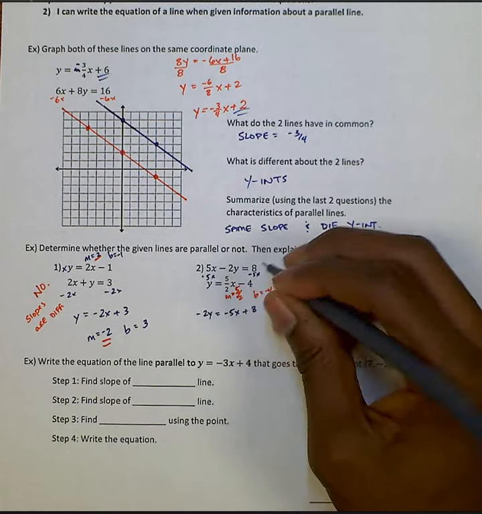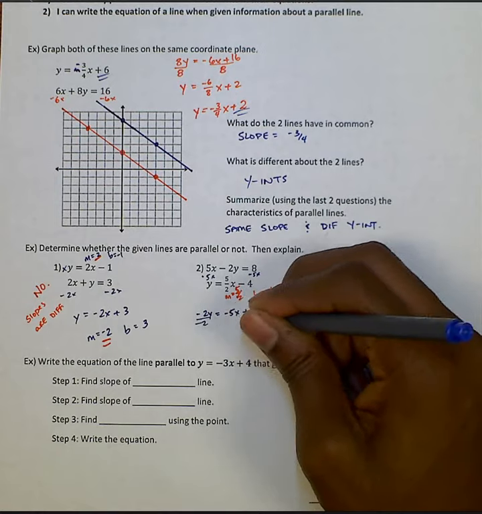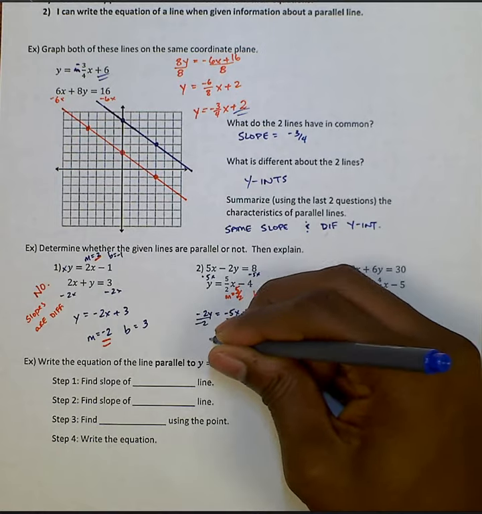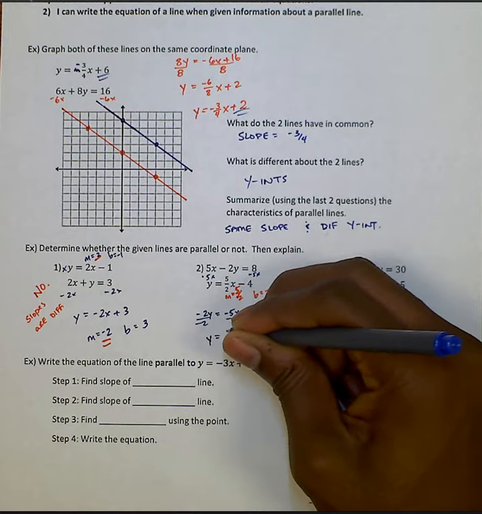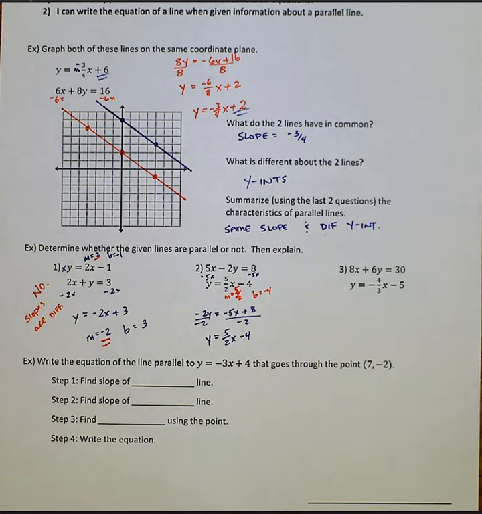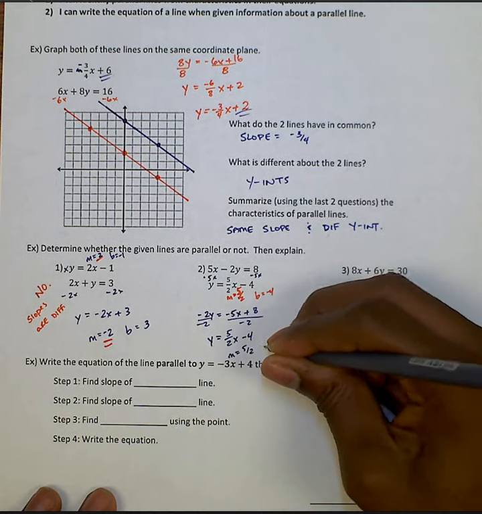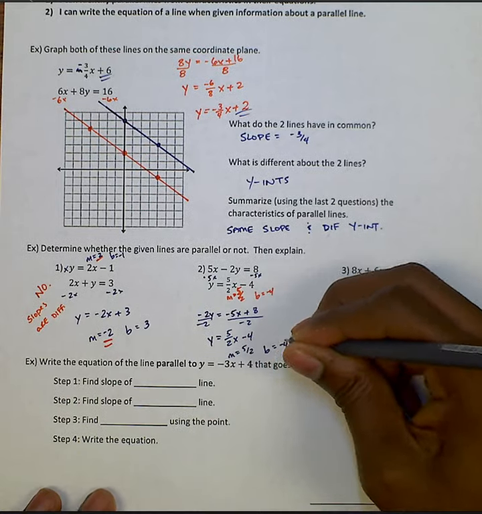Then I'll divide by negative 2. And so I'll get y equals 5/2 x minus 4. Okay. Alright, so now I can see that my slope here is 5/2. My y-intercept is negative 4. Are these lines parallel?